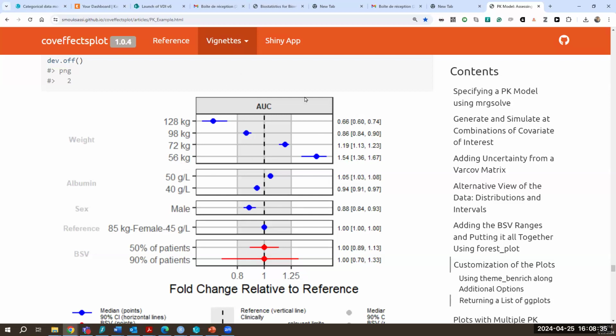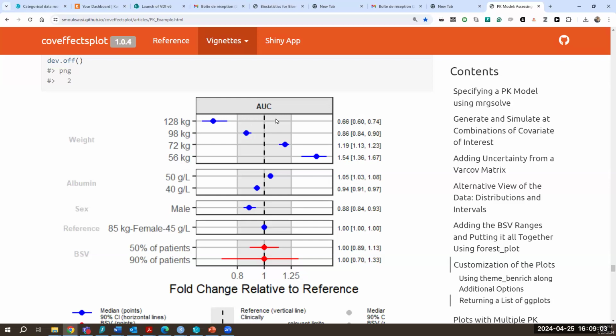But how does this compare to my BSV? Is the weight effect larger than unexplained variability? So here I illustrate on my reference, 50% randomly of my patients will be within 0.9 to 1.13, and 90% of my patients will be between 0.7 and 1.33. So that's showing that weight effect is beyond the random between-subject variability.